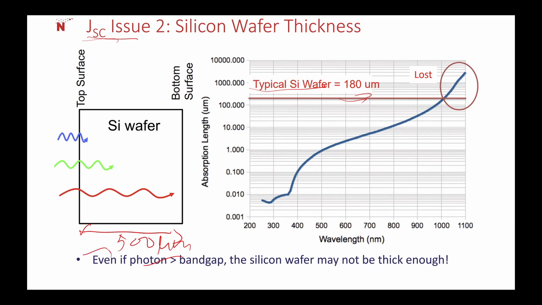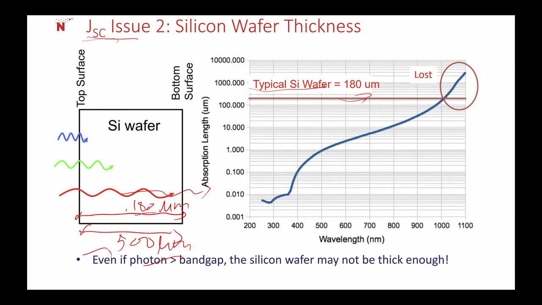So this depth is 180 micrometer, and the whole light should be absorbed by this 180 micrometer thick silicon wafer. If it is not absorbed, if it is passing through, then it is wasted.